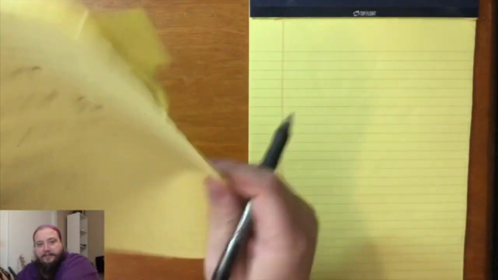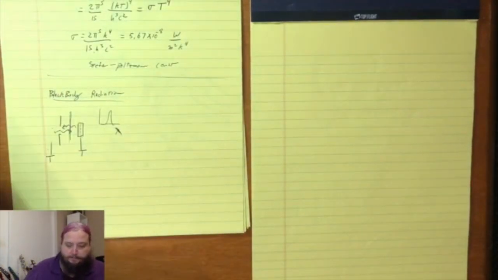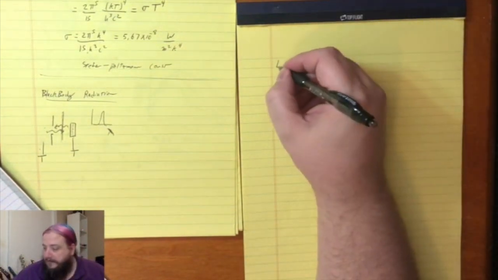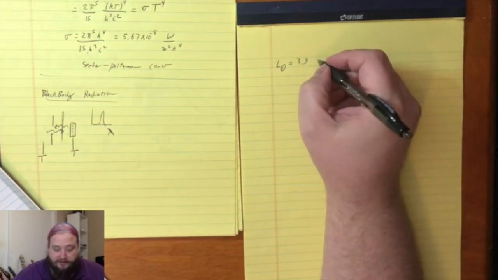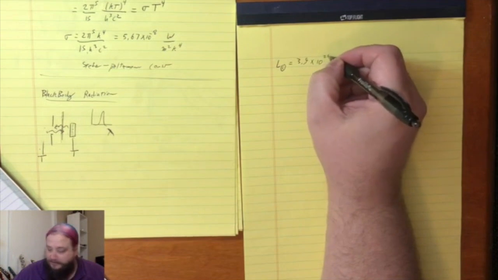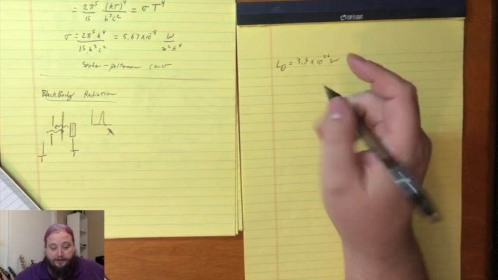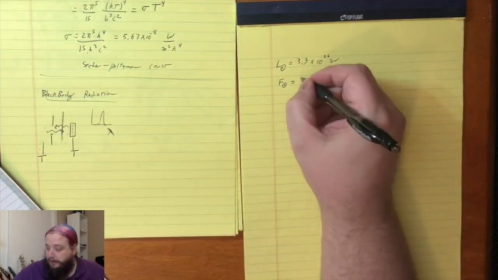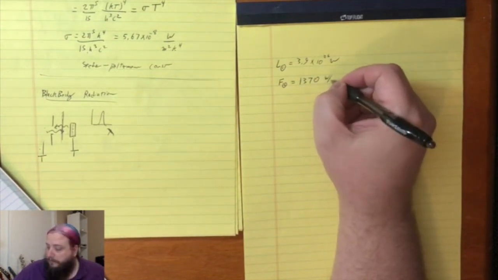As a final example, let's look at the sun and Earth system. The sun has a luminosity of 3.9 times 10 to the 26 watts, which we receive here at Earth as a flux of a little bit less than 1,400 watts per meter squared.